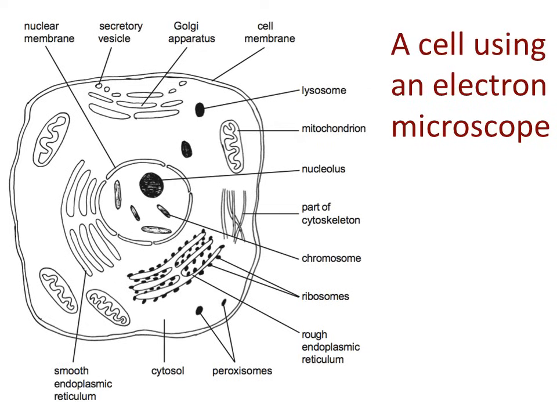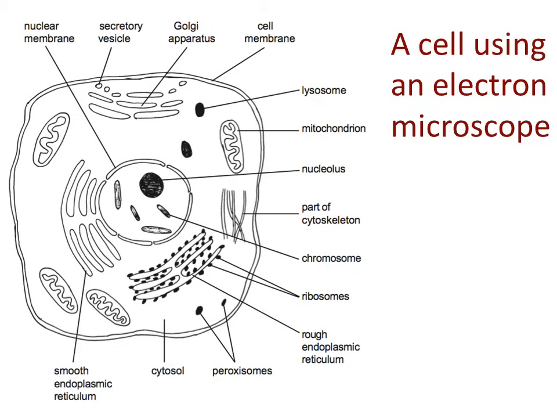The genes are composed of the DNA, the deoxyribonucleic acid, carrying the genetic code to make the cell, to make the tissues, to make the body. And this is why the nucleus is sometimes referred to as the control centre of the cell, because it's where the actual information is contained to make the cell.